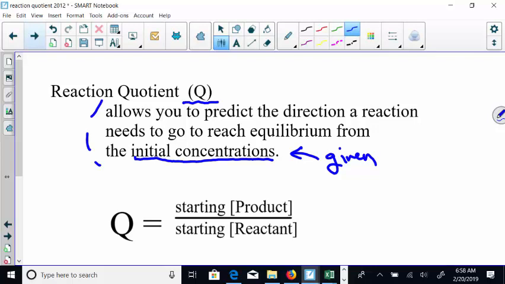And the thing with this reaction quotient is it is the exact same formula as the equilibrium constant. You just plug everything in and you're going to get a value called the reaction quotient. And then what you'll do with that value is compare it to KEQ.